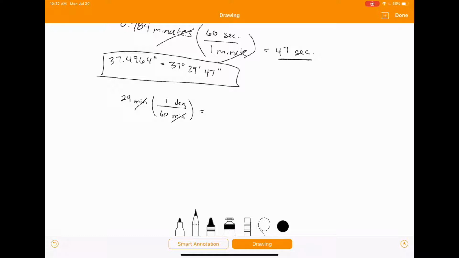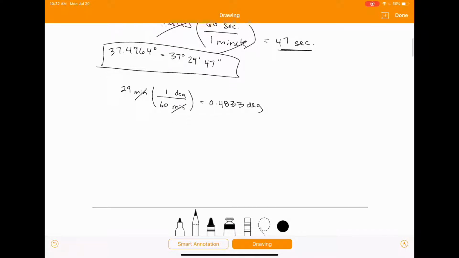So that's going to be equal to 0.4833 degrees. And then we need to convert our seconds into degrees.